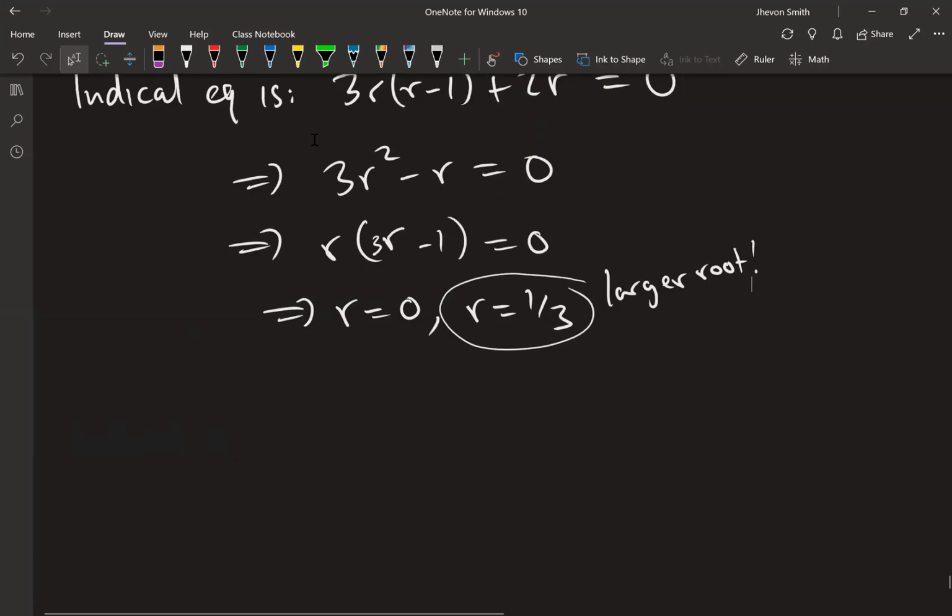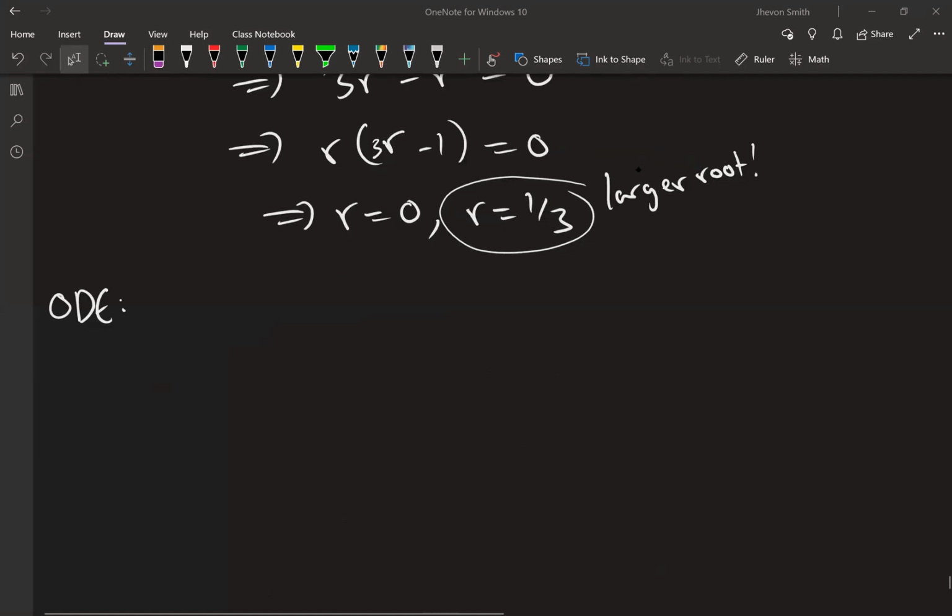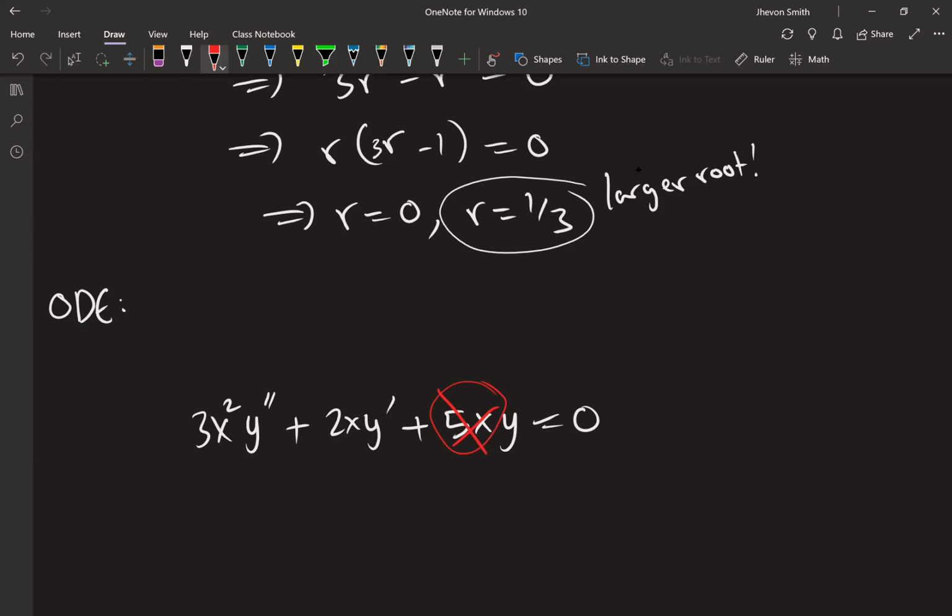Okay. Now in the ODE, where do you use it? If I have 5xy instead of x plus, then no. So the 5x is one term, and it's not a constant term. If you had something like 3x squared y double prime plus 2xy prime plus 5x times y, then you would ignore that whole term because the coefficient is a linear coefficient.